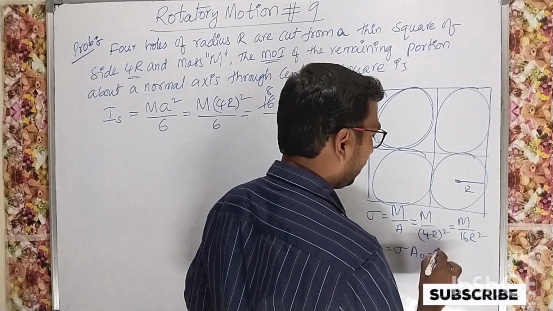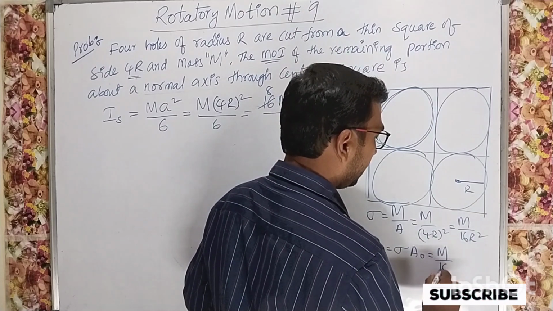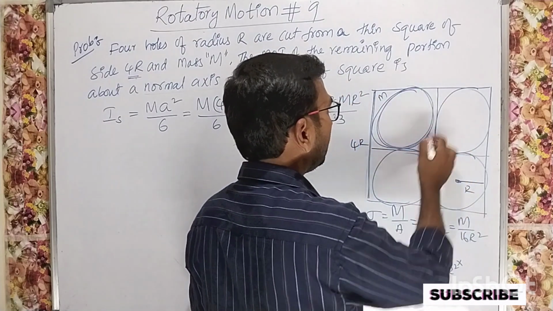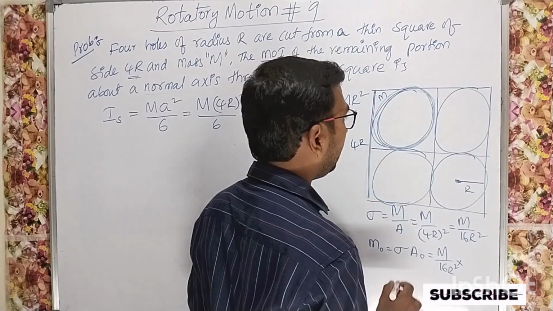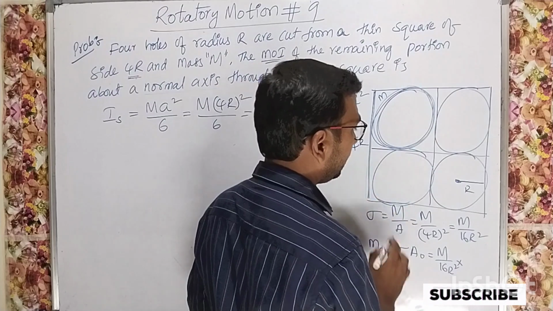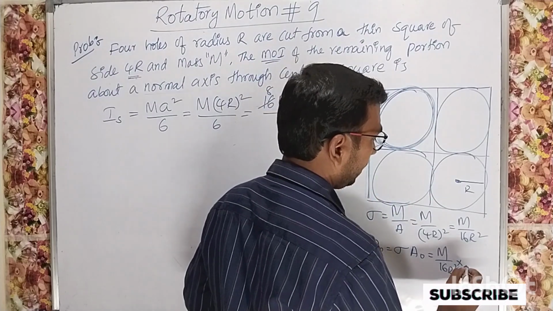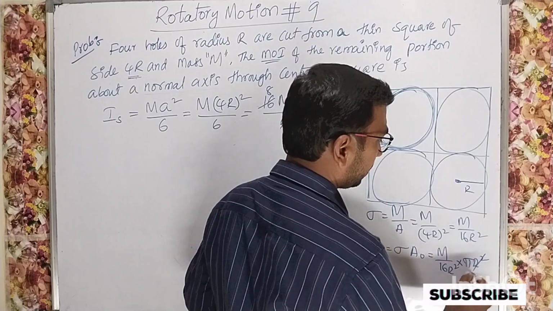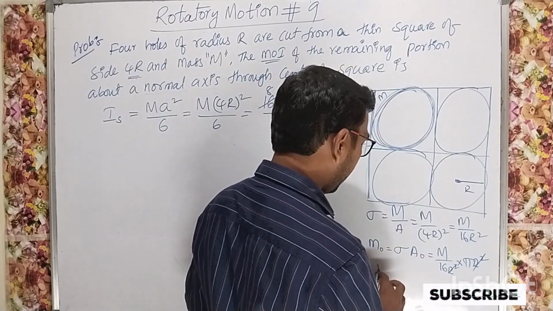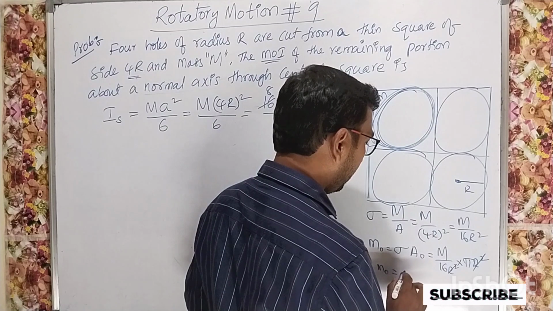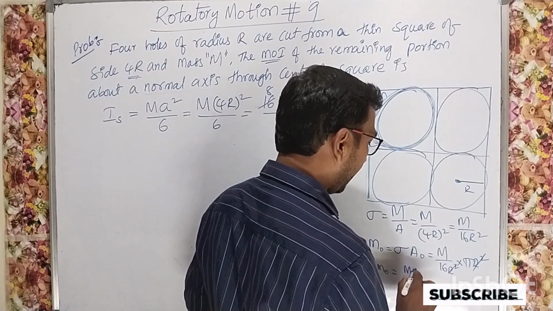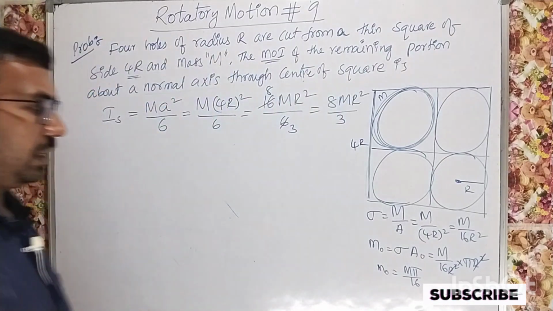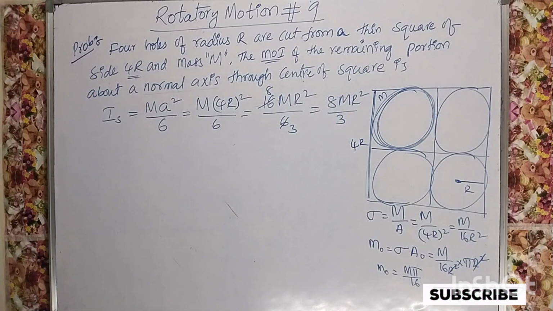Mass density is capital M by 16R square into this area. The hole cut from the square plate acts as a disc, and disc area is pi R square. This R square cancels. So m naught is equal to capital M pi by 16.